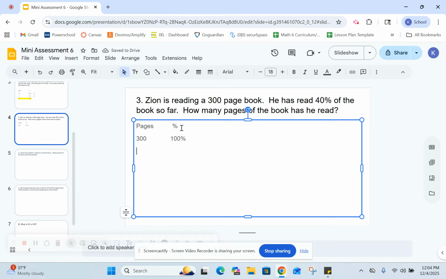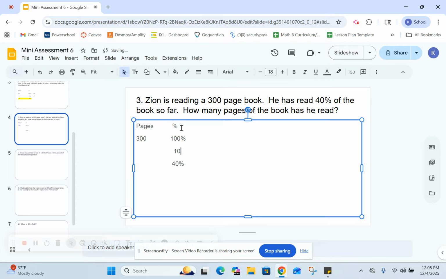He has read 40% of the book so far, and we want to know what number of pages that will match. Again, looking here, we cannot go directly from 100% to 40%. So we need to pick a benchmark in the middle. In this situation we could use either 10 or 20, because 10 and 20 are both factors of 40.